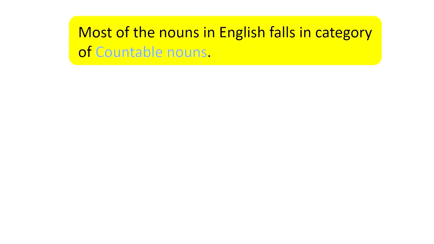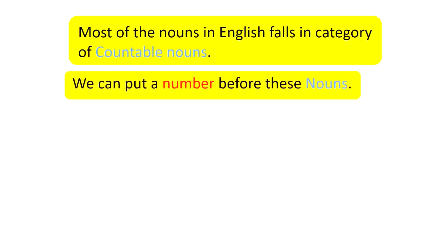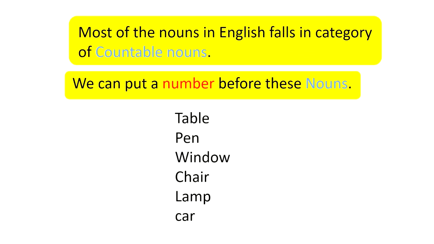Most of the nouns in the English language fall in the category of countable nouns. That means we can count the majority of the nouns in the English language. We can put a number before these nouns. Let us see this with the help of examples like table, pen, window, chair, lamp, or car.